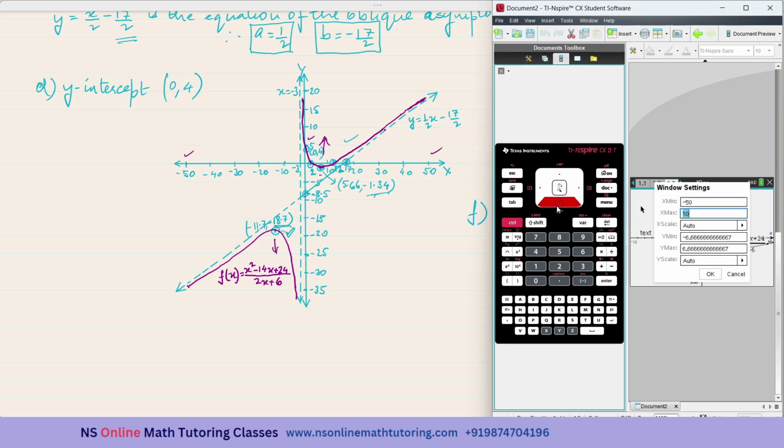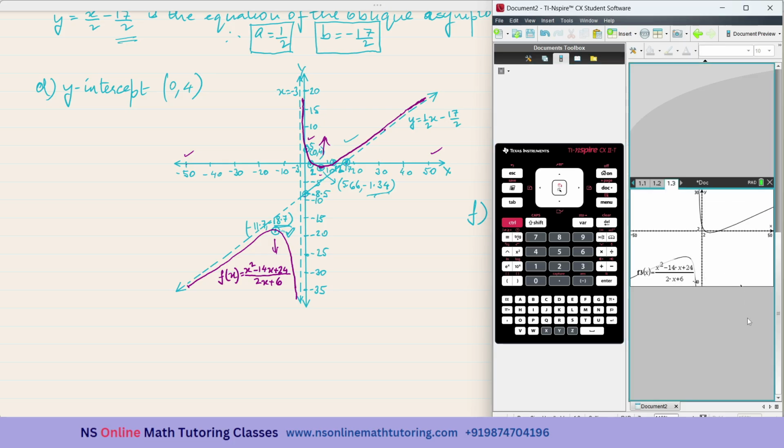For the x values, maybe I take negative 40 and positive 30. Okay, I am getting the graph with the two branches.